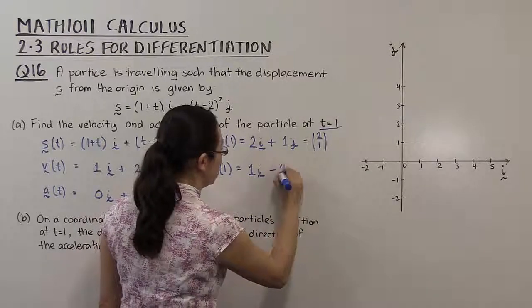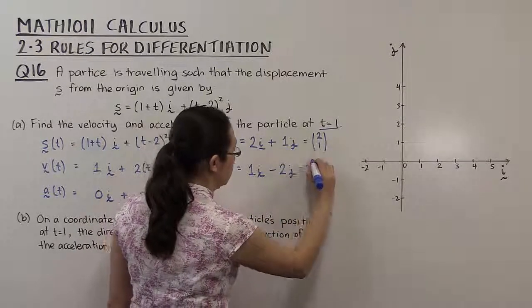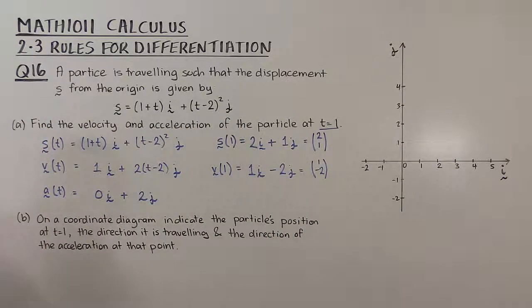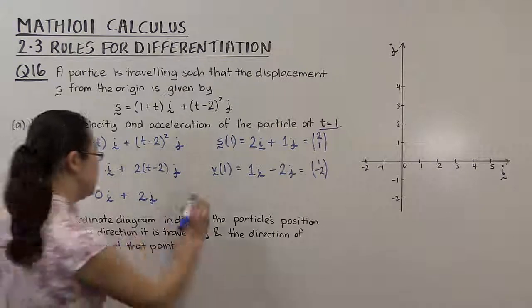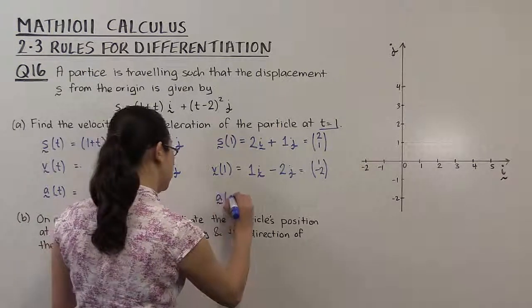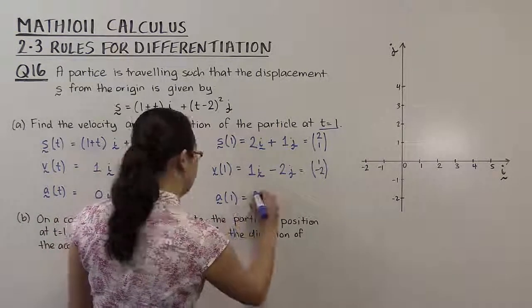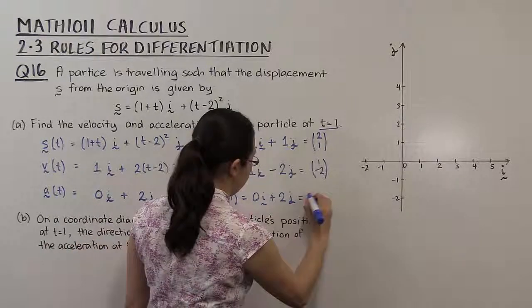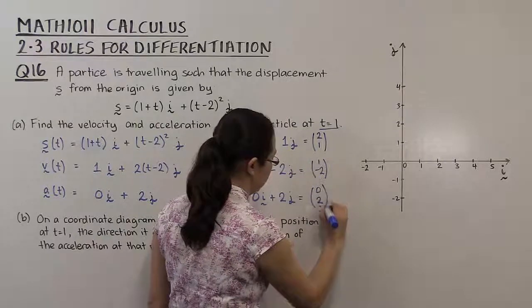So −2 in the j direction, or if you prefer (1, −2) as a column vector. So that's its velocity. Its acceleration is 0i + 2j. No matter what, its acceleration is always that. So its acceleration after 1 second is still the same, 0i + 2j, or if you prefer, (0, 2) written like this.